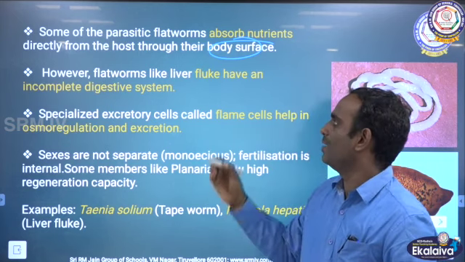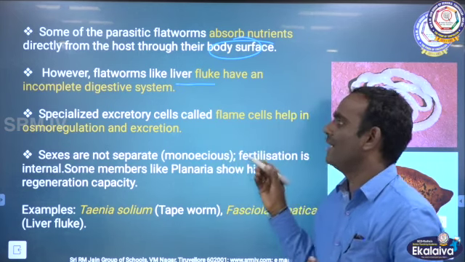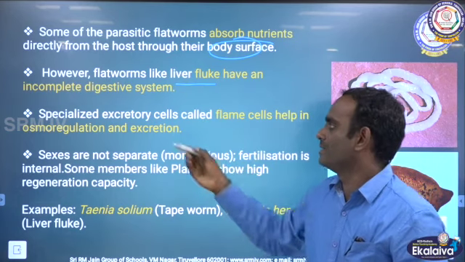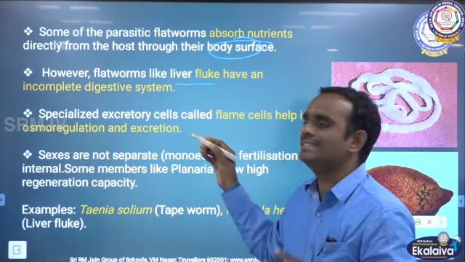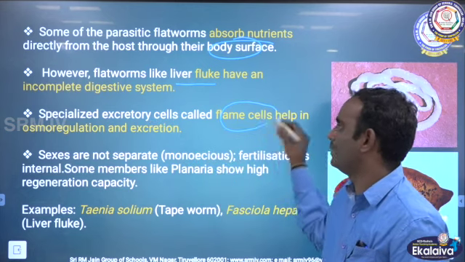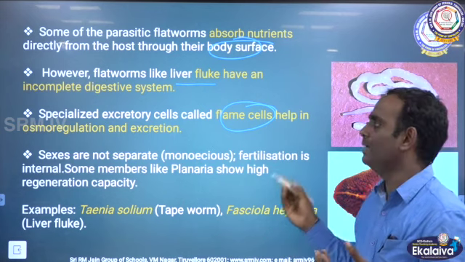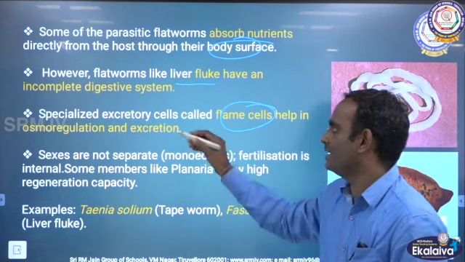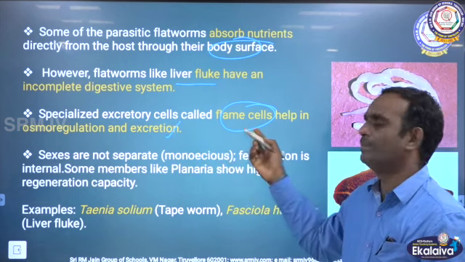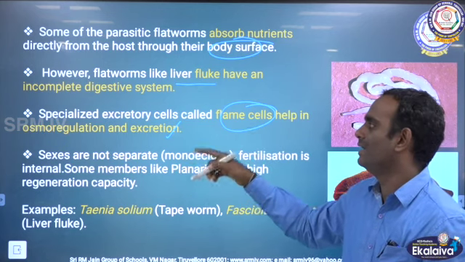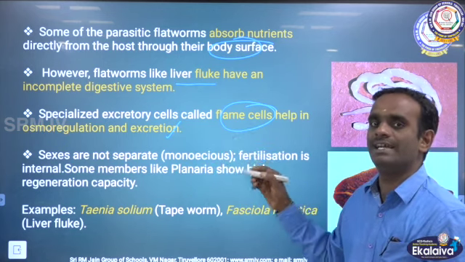However, flatworms like liver fluke have an incomplete digestive system. Okay. So, specialized excretory cells, very important one: the excretory cells called flame cells help in osmoregulation and excretion. With the help of these flame cells, this animal excretes its excretory products.